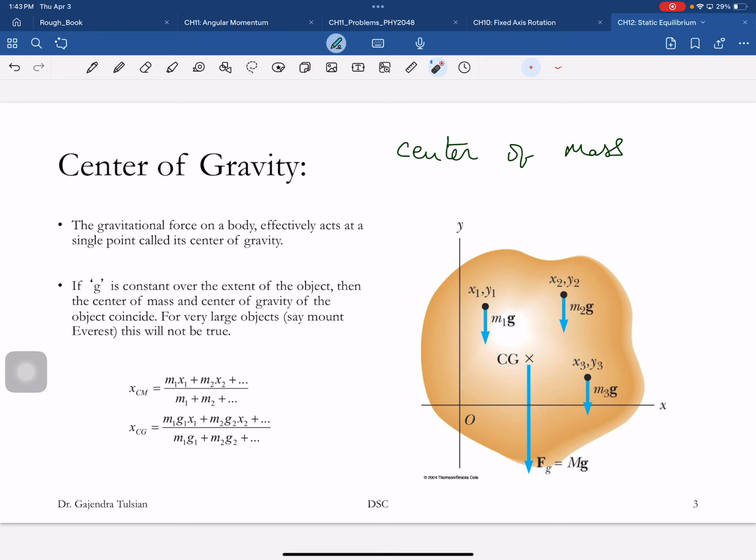What is the value of acceleration due to gravity at this point? 9.8 meters per second squared. What is it at this point? Also 9.8. At this point? About the same. So if you have a small object, it'll be the same everywhere.